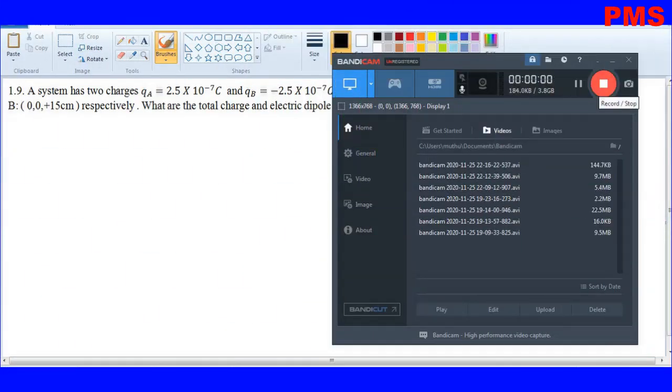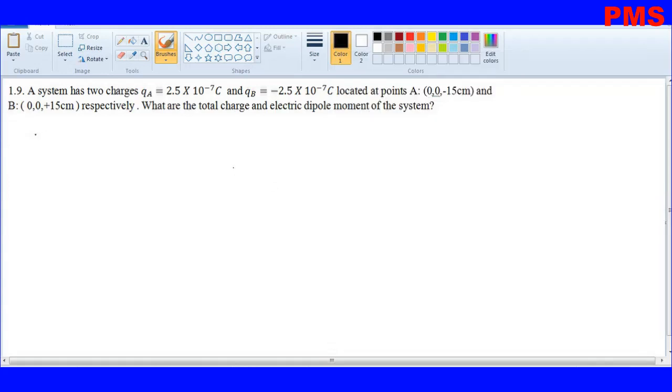Third one: a system has two charges, QA equal to 2.5 times 10 power minus 7 coulomb and QB equal to minus 2.5 times 10 power minus 7 coulomb, located at point A (0, 0, minus 15 centimeter) and B (0, 0, plus 15 centimeter) respectively.